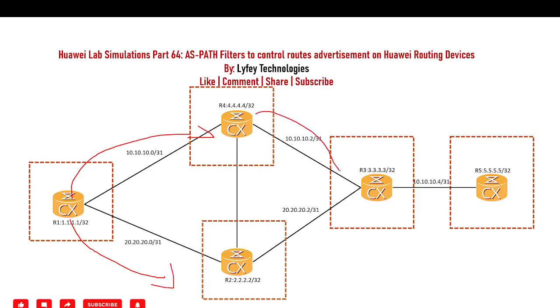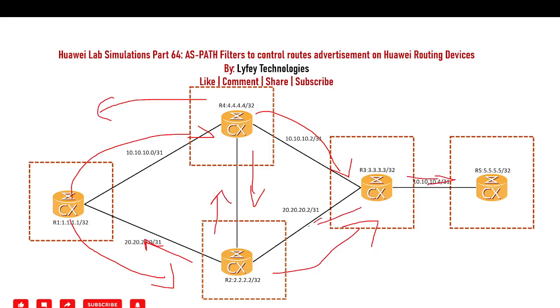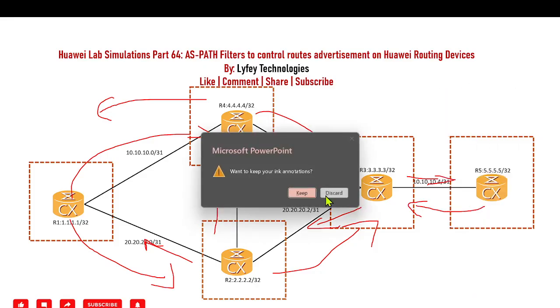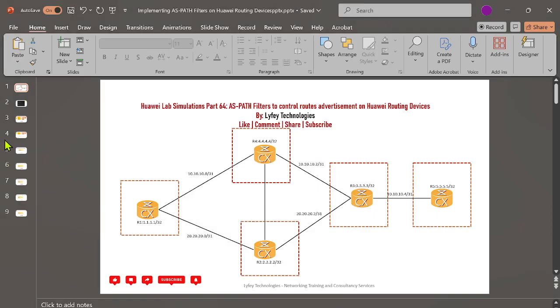R4 should be peering to R3, R2 and R1. Same to R2, it should peer to R3, R1 and R4. R3 will also have 3 sessions to R5, R4 and R2, and then R5 will only have 1 session towards R3. So these are the sessions that we'll be having, and all of them will be eBGP peering sessions.